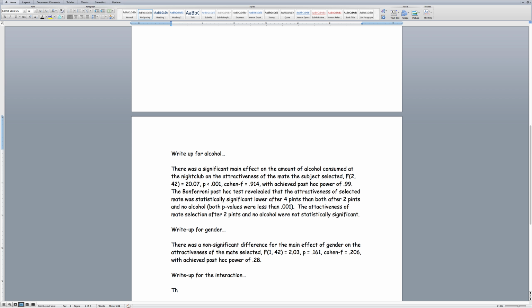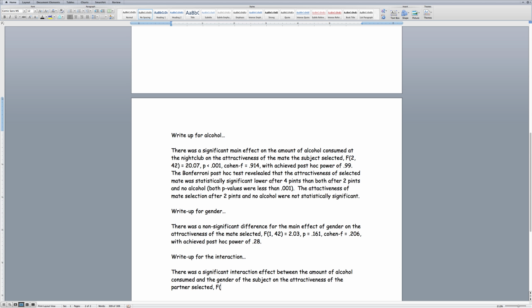So I would say something, there was a significant interaction effect between the amount of alcohol consumed and the gender of the subject on the attractiveness of the partner selected.